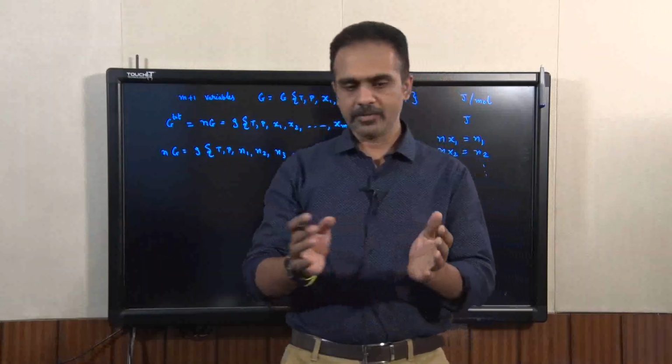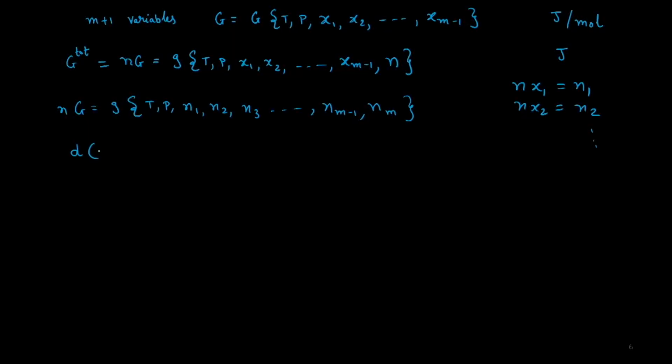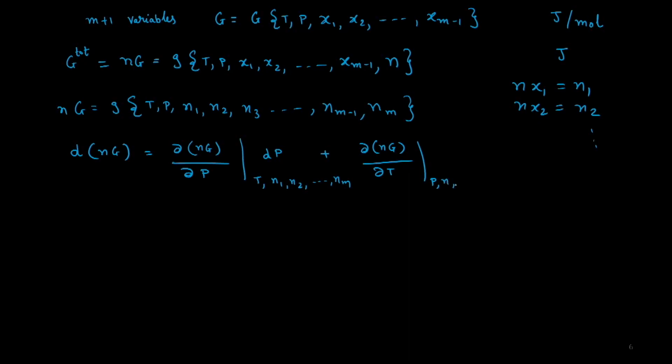Now if I want to take the total derivative of this total Gibbs free energy, d(NG) is going to be the derivative of G or NG, both of them are same, with respect to the pressure when you hold the temperature and all the moles constant, times dP, plus the derivative of the total Gibbs free energy with respect to the temperature when you hold pressure, N1, N2, N3, Nm constant times dT, plus the derivative of NG with respect to N1, right?